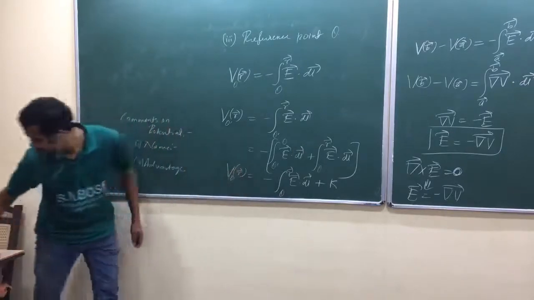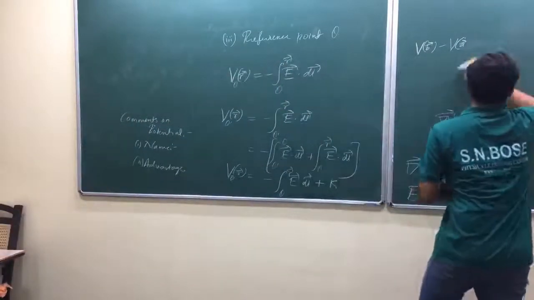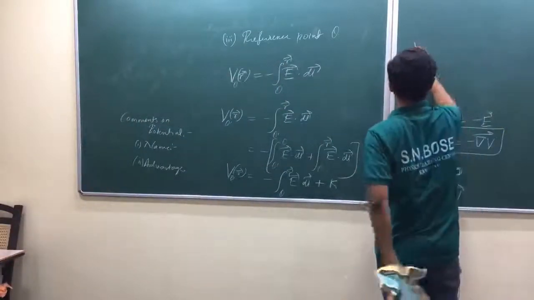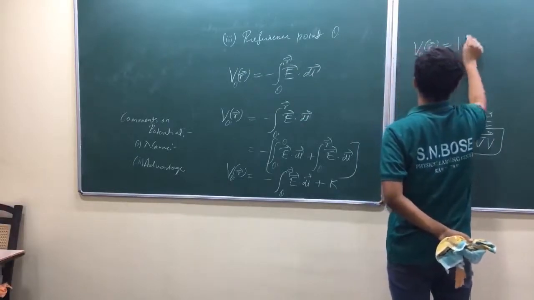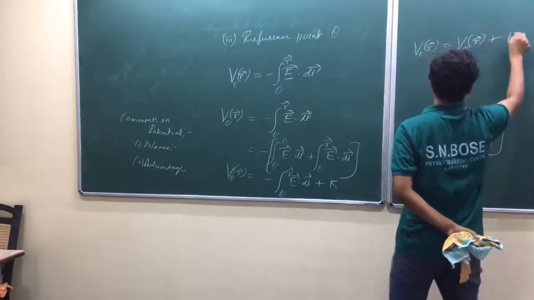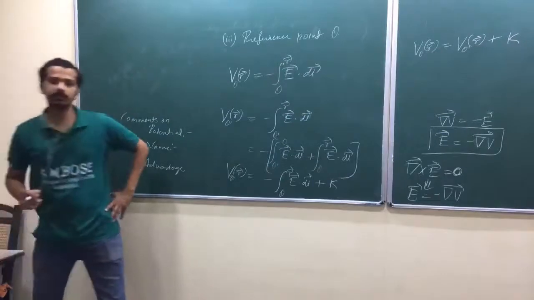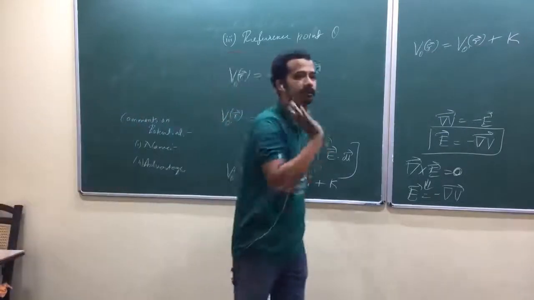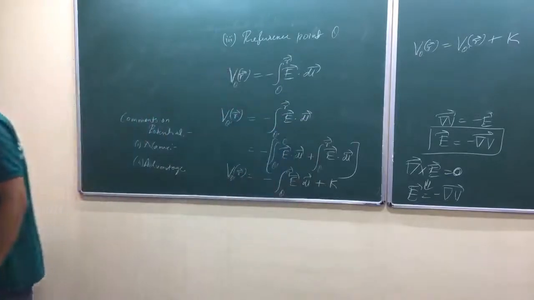So now, if you change your reference point, what will happen? V O of R is equal to V O prime of R plus some constant. If you change your reference point, your potential will change by a constant. We have seen this many times, even in classical mechanics.